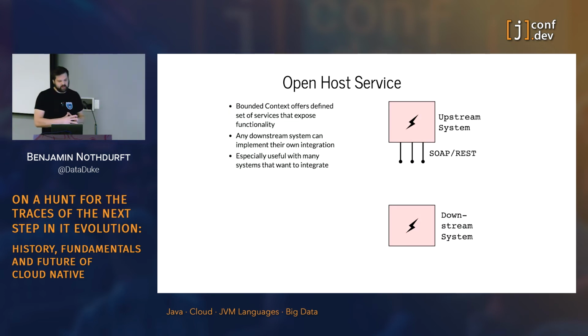And if we look at the upstream patterns, then you have, for example, the open host service where the system exposes endpoints like SOAP or REST, and the other systems just connect to it.